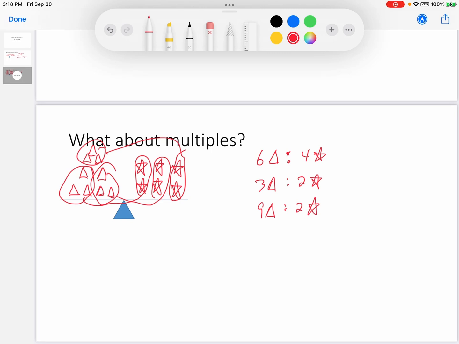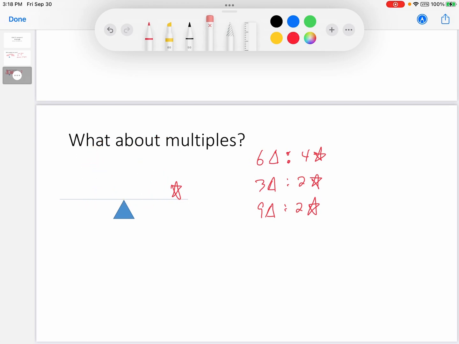Would that work no matter what I multiplied by? Let's try something a bit more ambitious. So we're going to start with the same thing, 3 triangles and 2 stars, which is the same as 6 triangles and 4 stars. And let's multiply it by 40. 6 times 40 is 240 triangles. 4 times 40 is 160 stars.